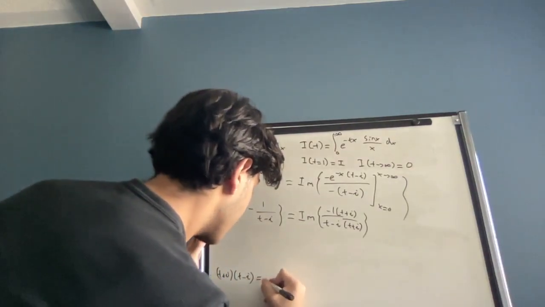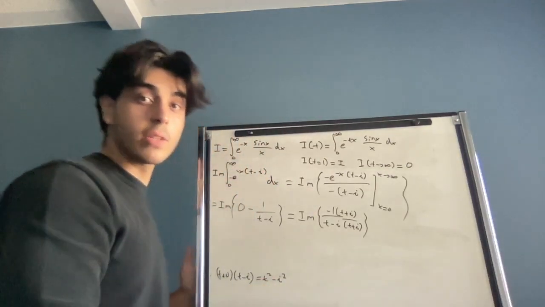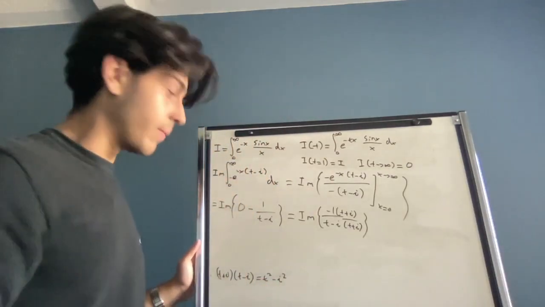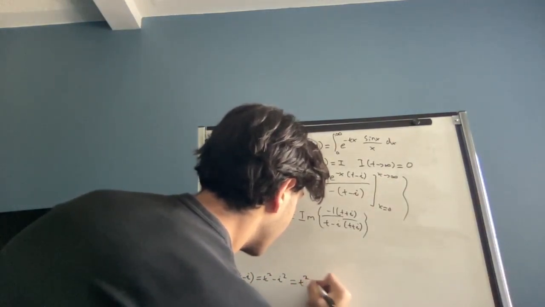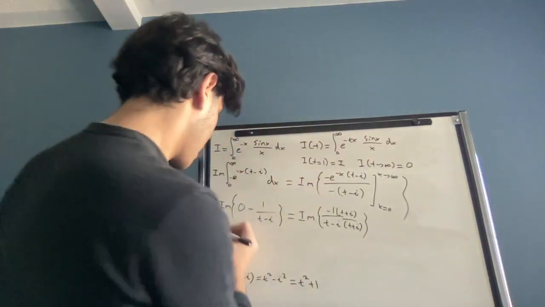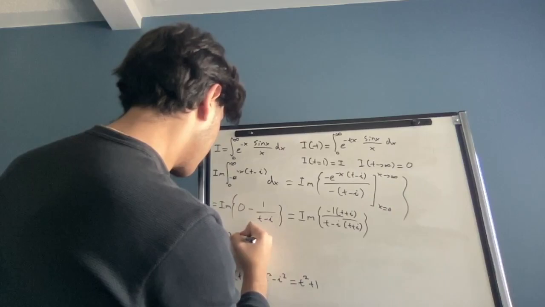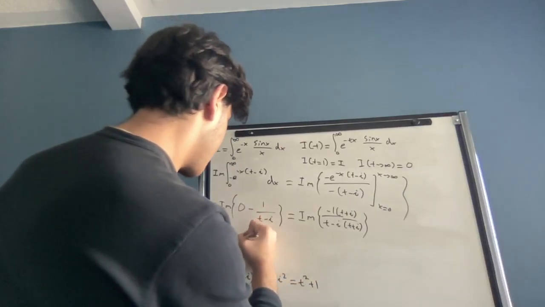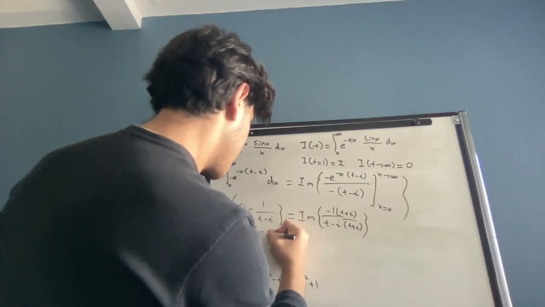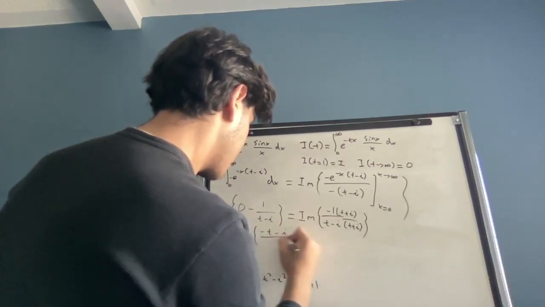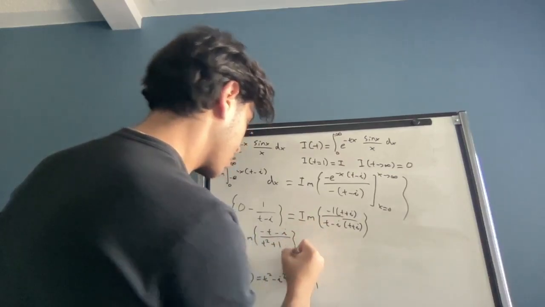This gives us t squared minus i squared, where the definition of i squared means it is equal to negative 1. t squared minus negative 1 is t squared plus 1. And we get that I prime of t is equal to the imaginary part of negative t minus i over t squared plus 1.